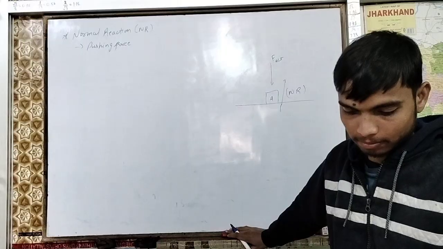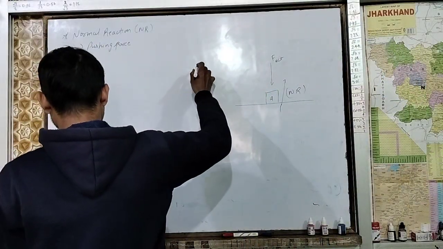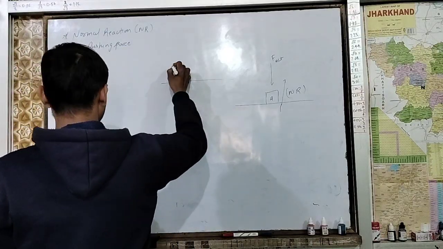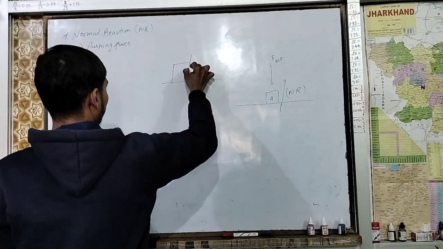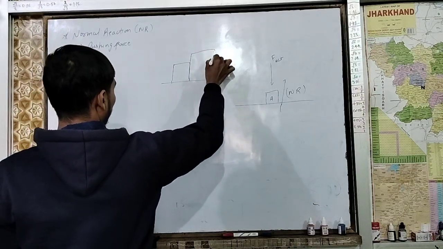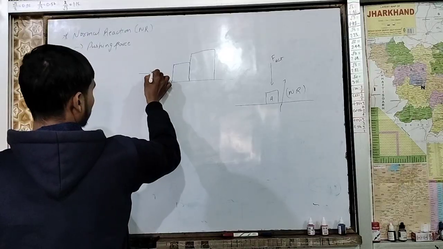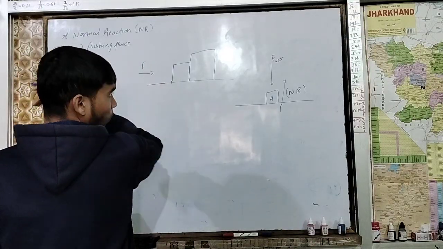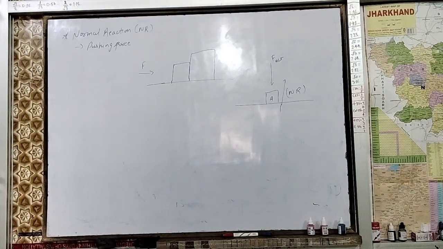Next, this will represent perpendicular to the contact surface, passing through the body on which it is applied. The diagram is like this. There are two boxes which are together. Applied forces are in this direction. We have to observe the normal reaction.